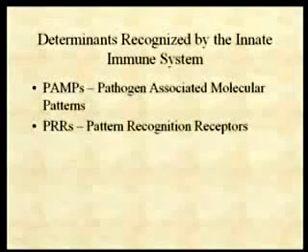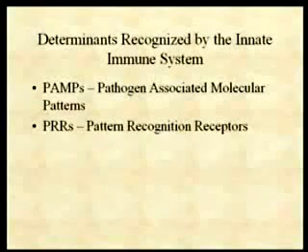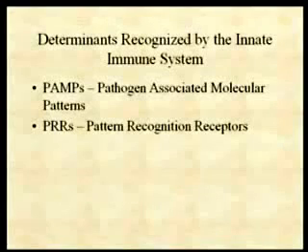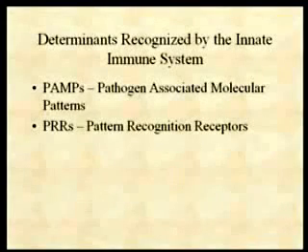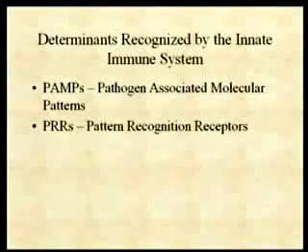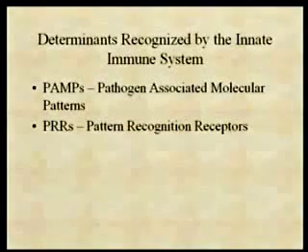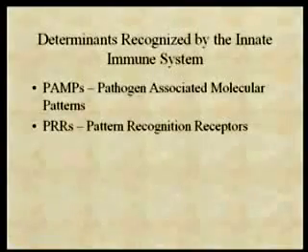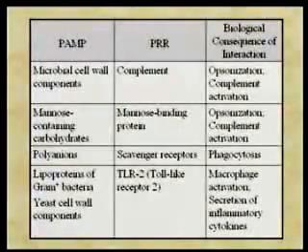And the terms that have been used to describe these are pathogen-associated molecular patterns, or PAMPs. These are these broad patterns that a lot of different pathogens express. And the receptors that recognize those PAMPs are called pattern recognition receptors, or PRRs, okay? And we've actually talked about some of them already, but we just haven't given them the terms.